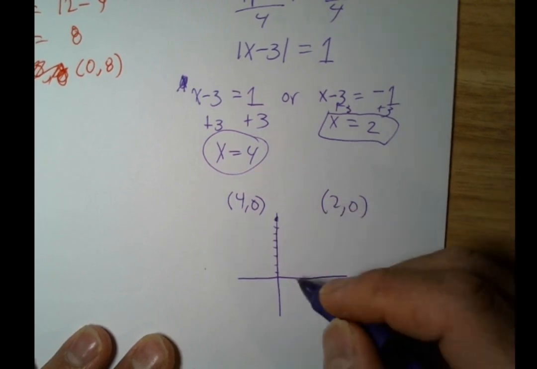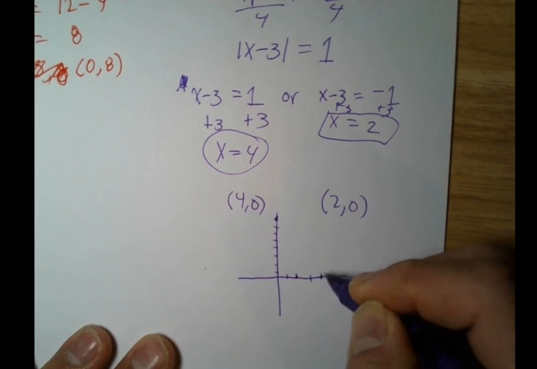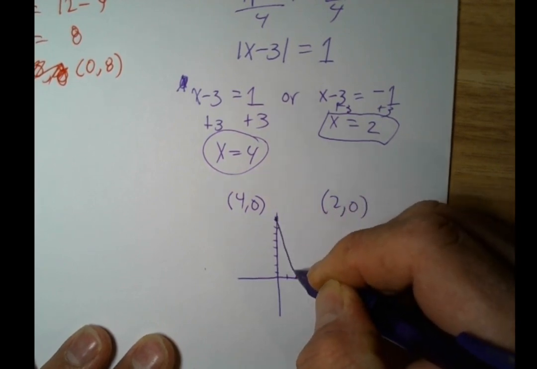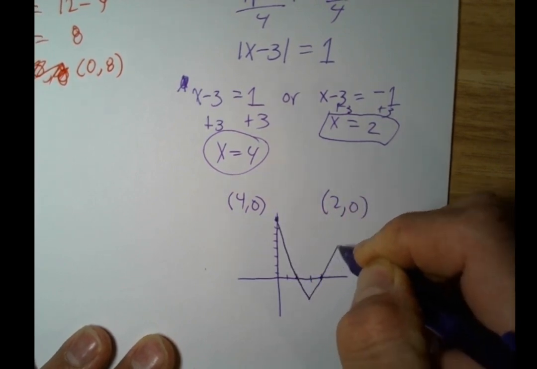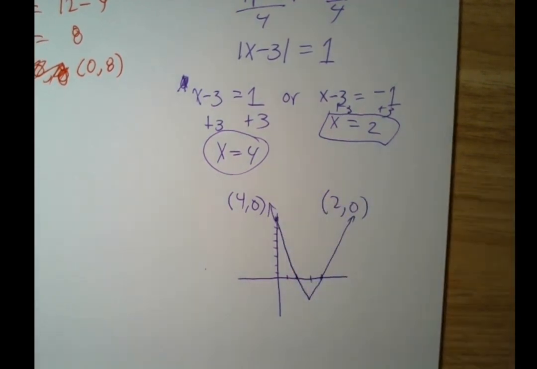So it crosses somewhere up here. 2, 3, 4. So it looks something like that. Now, in the later portion of this section, we'll look into graphing these with a little more accuracy. Thank you.